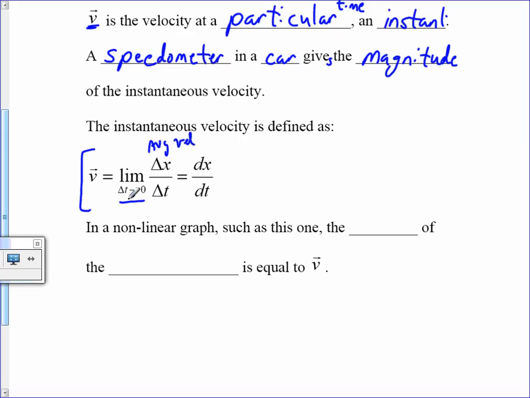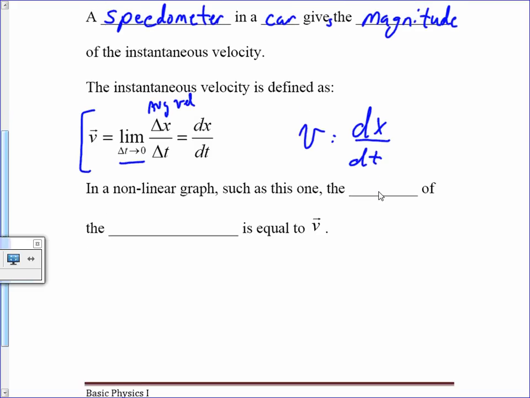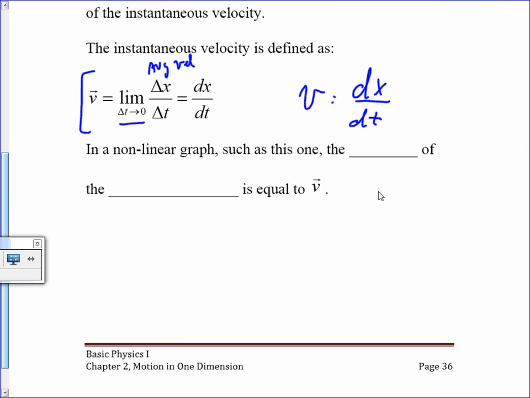And that, of course, is the definition of a derivative. And so v, the instantaneous velocity, is just the derivative of x with respect to t. Again, you're not responsible for that, but many of you have had calculus, so there you go. In fact, calculus was largely formed to study kinematics in that way.